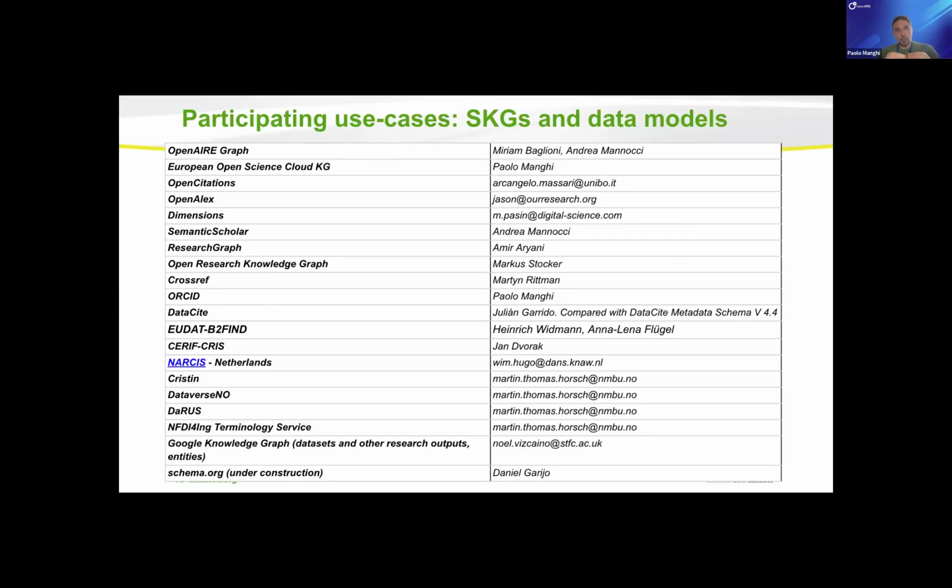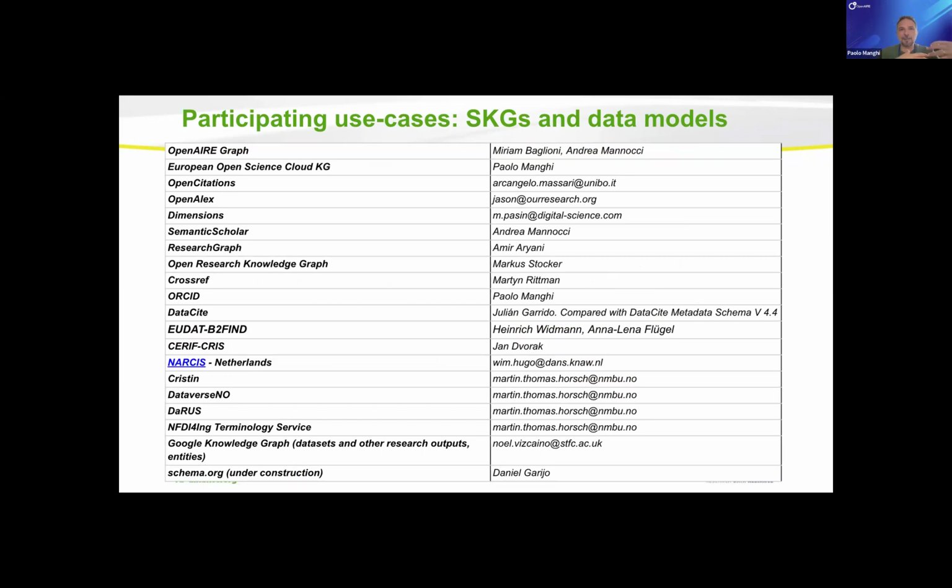So what we did initially was to gather a number of colleagues and communities interested in participating in this exercise. We started looking at it from the perspective of individual SKGs and also from the models of SKGs, for example, SERIF, or the DataCite schema itself.